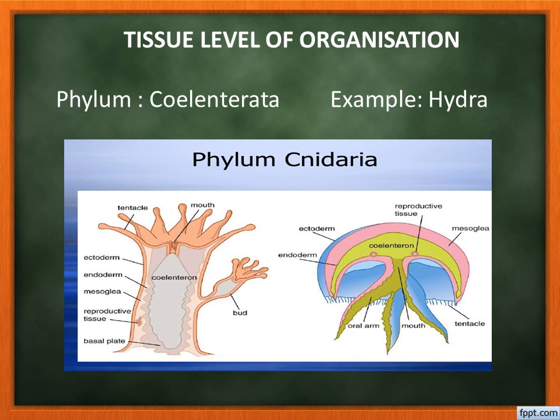Do you remember the phyla? The first one is Porifera and the second one is Coelenterata. So here Coelenterata consists of tissue level of organization. Do you notice the system is becoming a little more advanced? Do you understand? Okay, so this is called tissue level of organization. It is present in the phylum Coelenterata. One example is Hydra.